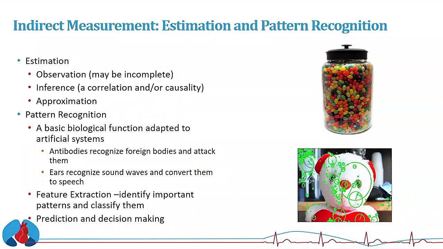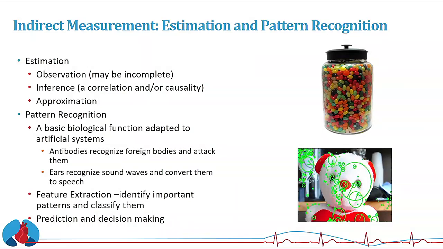So within this estimation, pattern recognition in indirect measurement, we've got, of course, pattern recognition. So pattern recognition is actually a basic biological function that we've adapted to electronic systems. So the body knows when there's foreign cells inside the bloodstream and it's able to attack them. That's pattern recognition. As I'm talking to you, sound waves are traveling through the air, they're hitting your eardrum, and you're able to recognize patterns to understand what I'm saying.